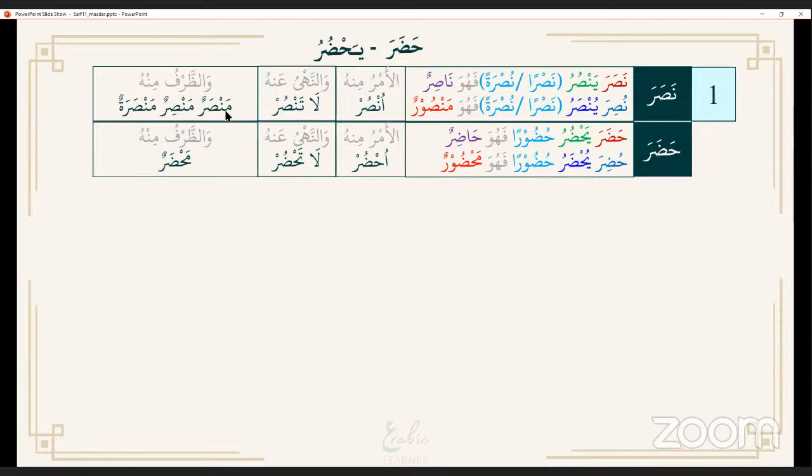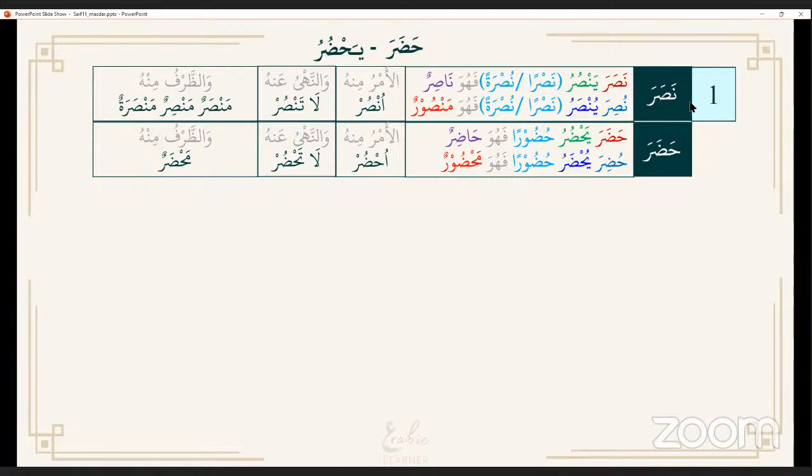I told you that zarf can be one of these three words. Now, how do I know for hadara whether it is the first word, the second word, or the third word? Just to teach the bab, I wrote all three words here, but only one is valid for nasara.